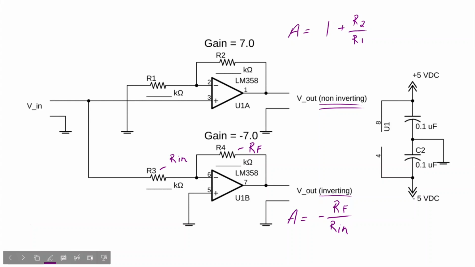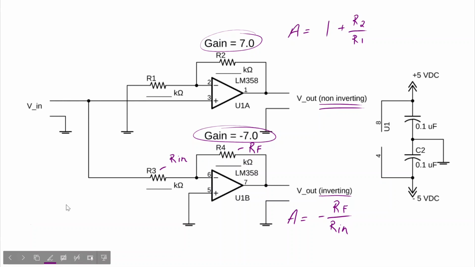Now, suppose we want to set the gain to 7 for each of the op-amps. There are many different ways we can do that, especially when we consider that no resistor values have been selected at this point.